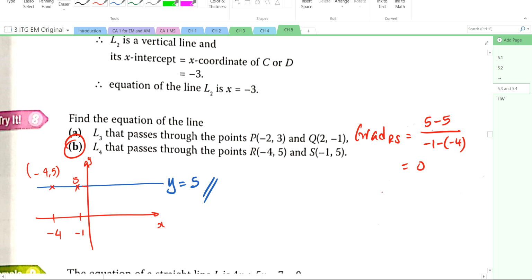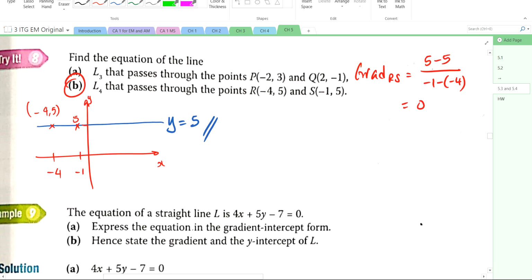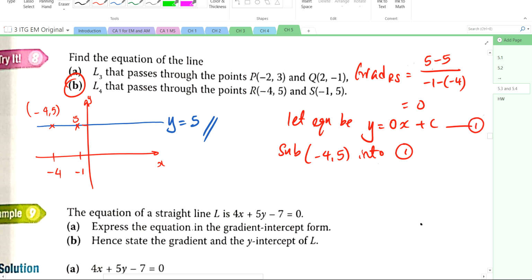But if you choose to follow the exact same steps, we will have, let the equation be y = 0x + c. Then you sub either (-4, 5) into equation number 1, or sub (-1, 5). Also, you will get the same answer.